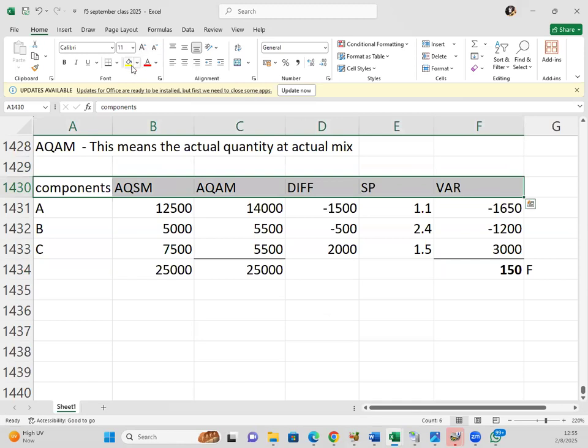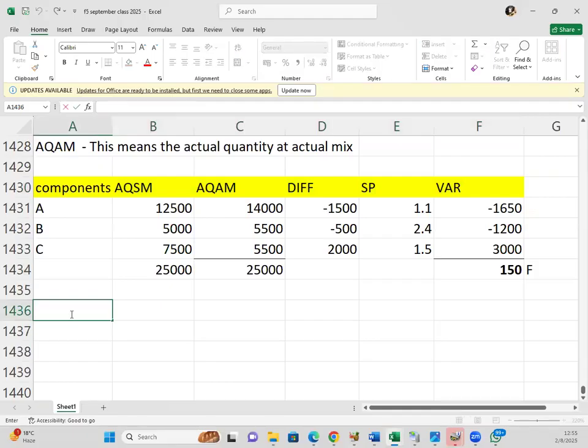Then from the material mix variance, we move to the material yield. We also have the material yield variance. Or maybe before we get to that, the mix is not affected by loss.